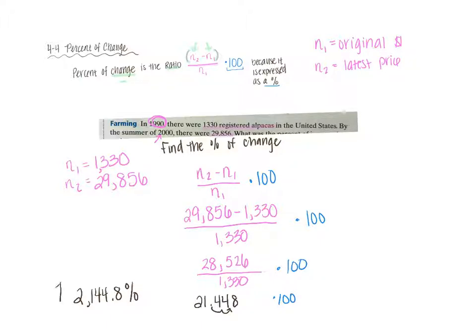Holy cow, increase. That is a huge increase. That is a massive increase. All right, so this is telling me that the number of registered alpacas exploded in a decade by over 2,000%. All right, good job on this.